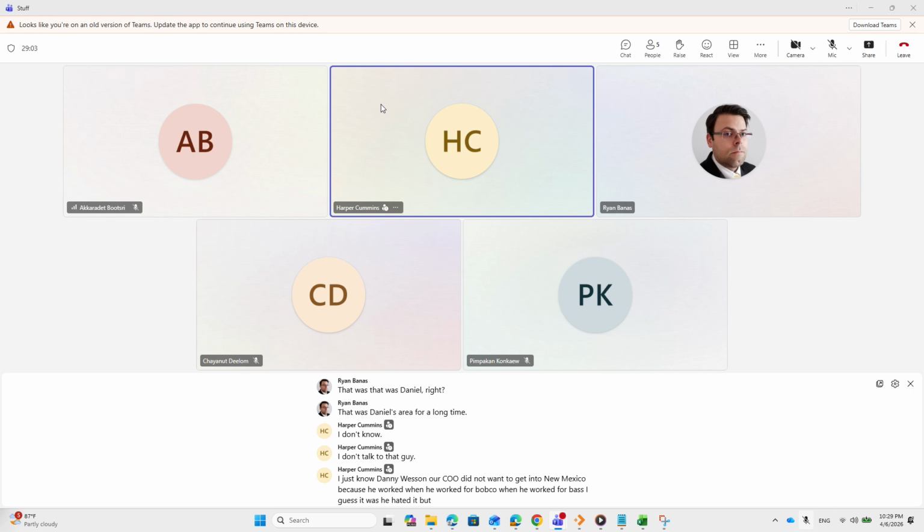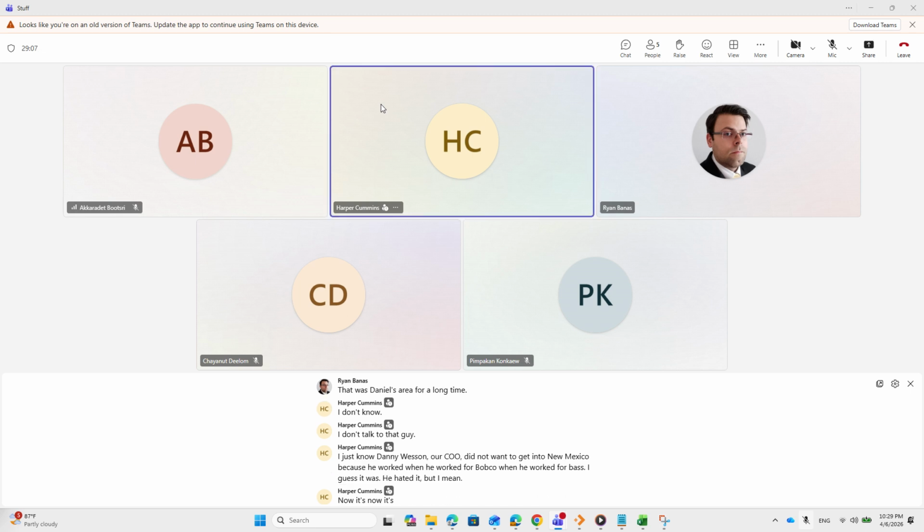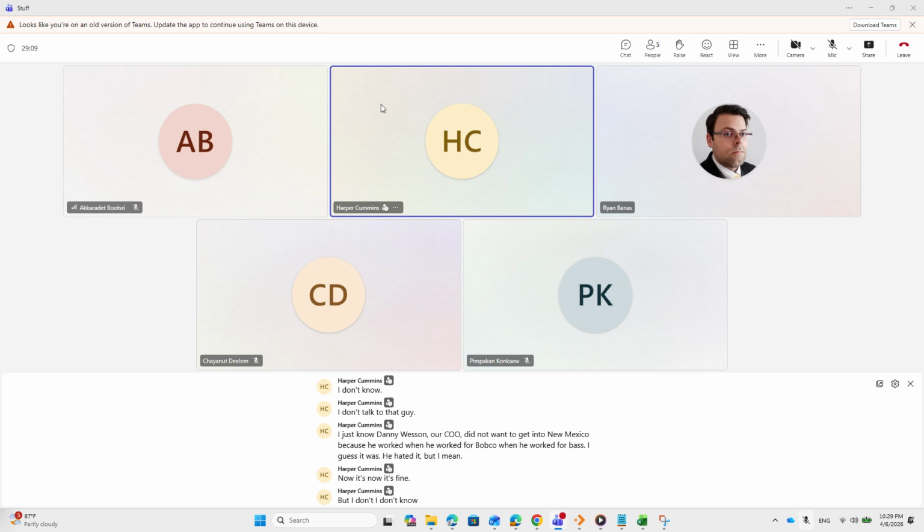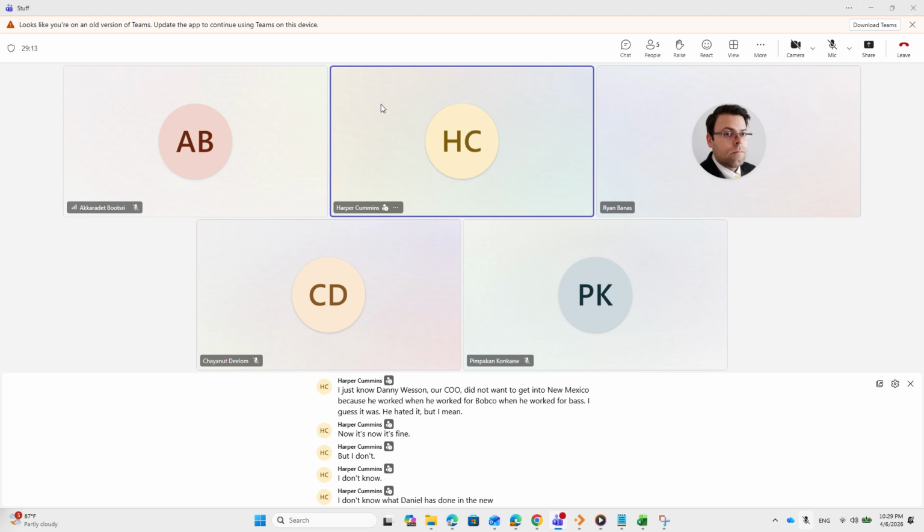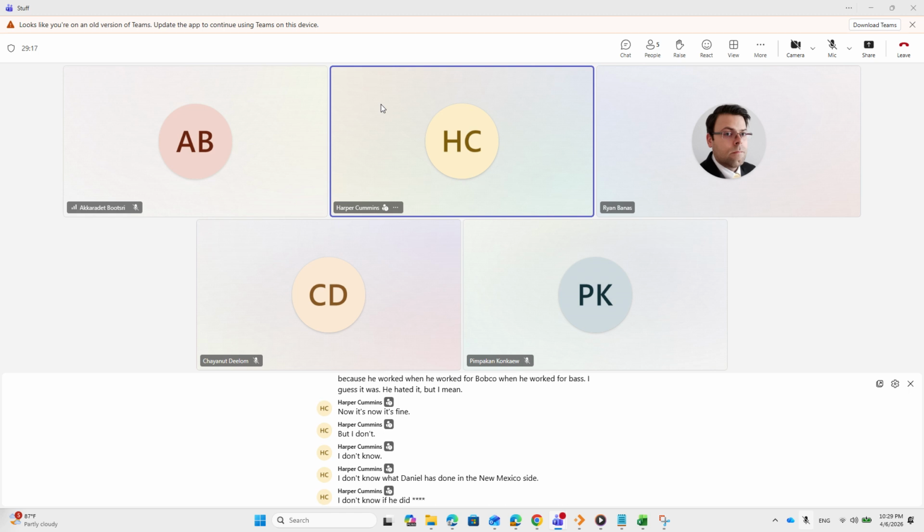But now it's fine. I don't know what Daniel has done on the New Mexico side. I don't know if he did analysis that stretched above and beyond Loving County and Lee and Eddy in the south.